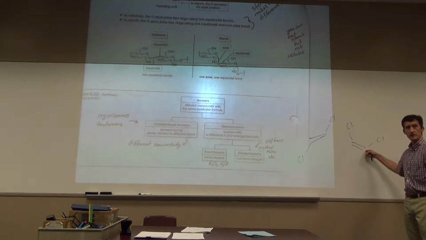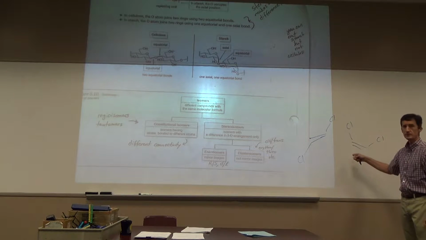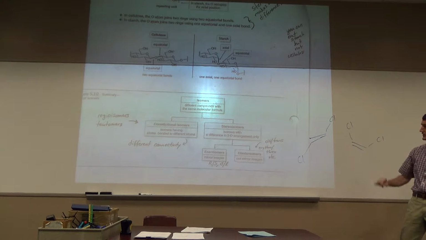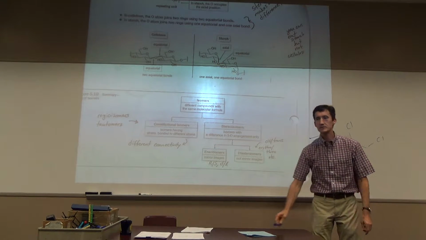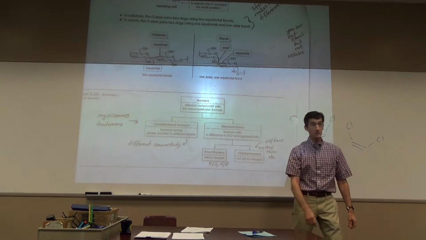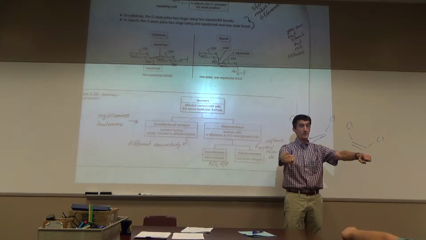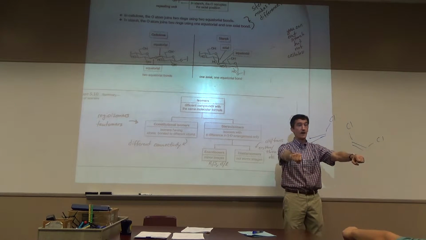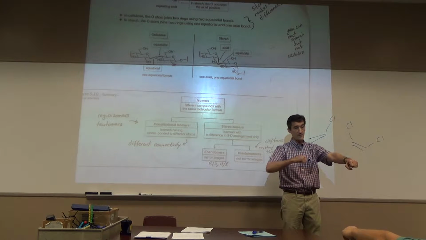Chlorine attached to carbon 1, chlorine attached to carbon 2. Okay, it's the same connectivity. So they're stereoisomers. Well, are they mirror images? No. The mirror image of cis, okay, you be my mirror. I'm looking in the mirror. I'm cis, because that's trans. Okay? And you're my mirror, so if I'm cis, what are you?